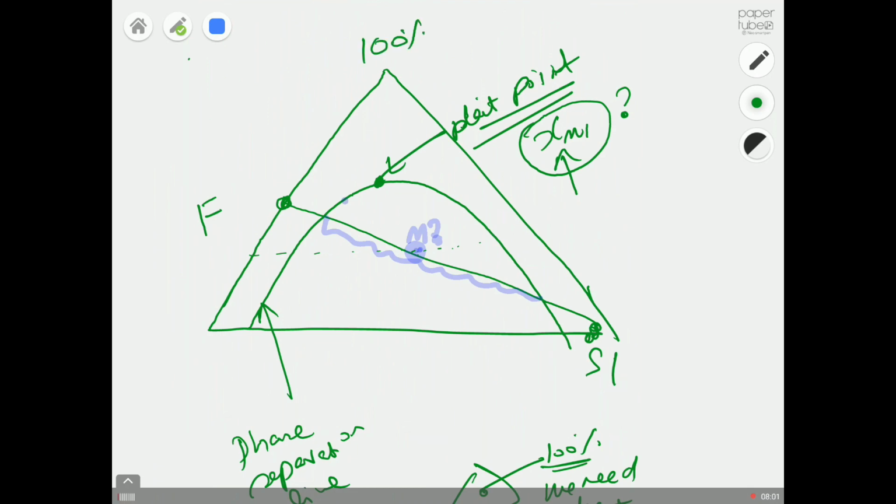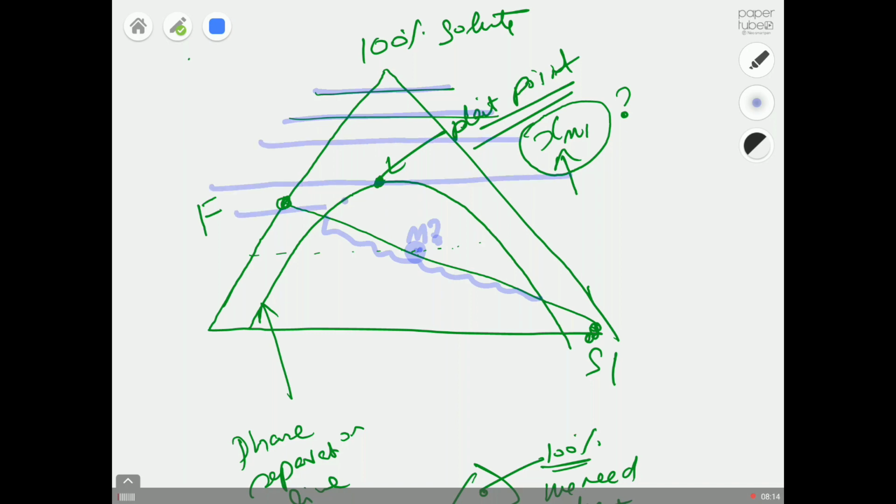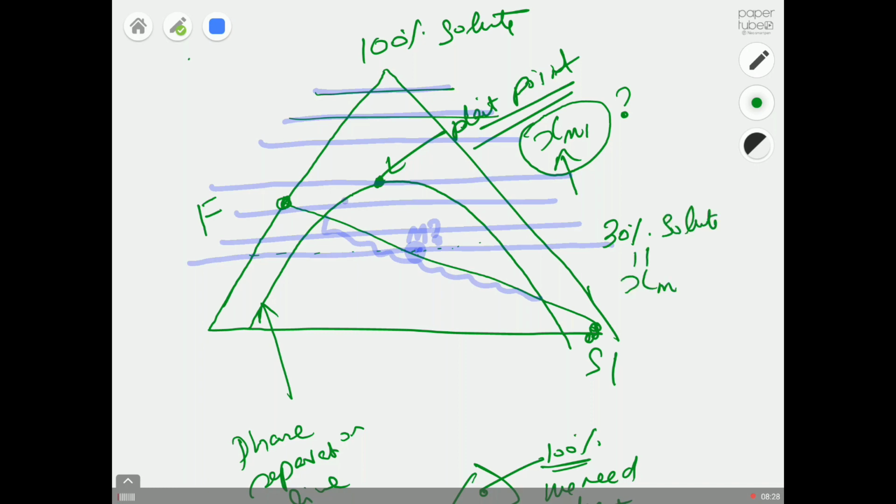We know 100% of solute is at the top. So 90, 80, follow the highlighter for the moment. 90, 80, 70, 60, 50, 40, let's say 30. So let's say this is 30% of solute, and that's equal to xm1.